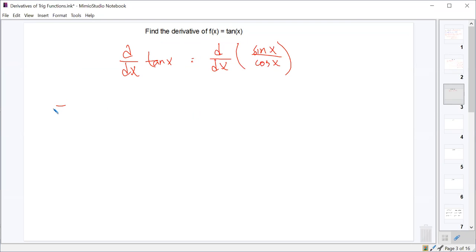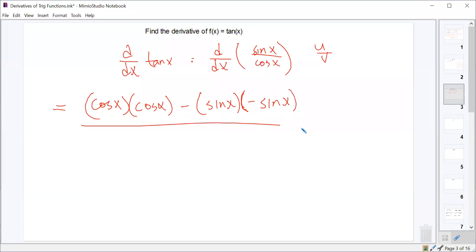So the derivative of sine over cosine, right, this is u over v, ought to be v times the derivative of u. What's the derivative of sine? Cosine of x. Minus u times the derivative of v. What's the derivative of cosine? Negative sine of x. All over our denominator cosine squared of x.